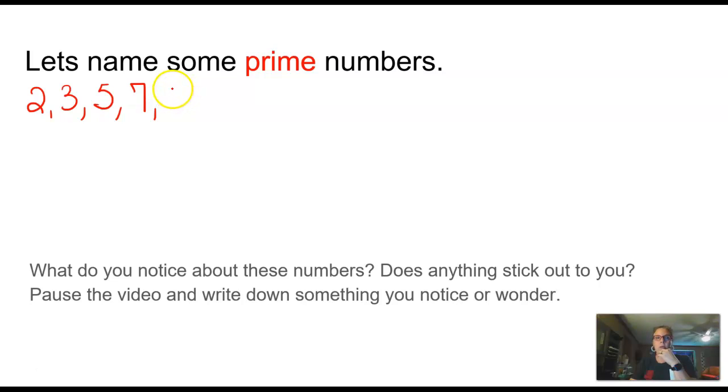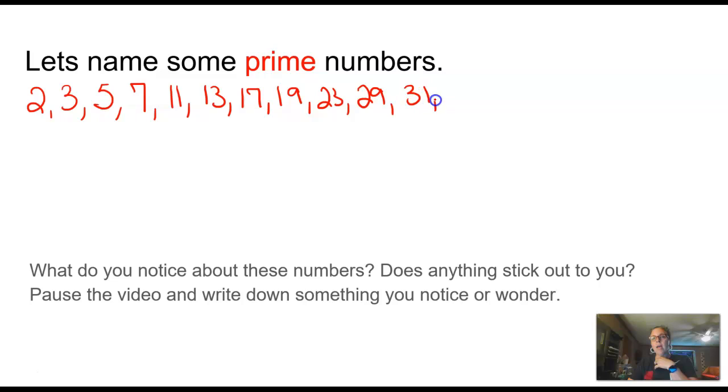No, because 3 goes into it. 10 can't be prime, 11, 12 is even, 13, 14, 15 is odd, but 5 and 3 go into it, so it's not prime. 17, 19, I'm just going to list a few more. 23, 25, 27, 29, 31, 37. Okay, I think that's good.